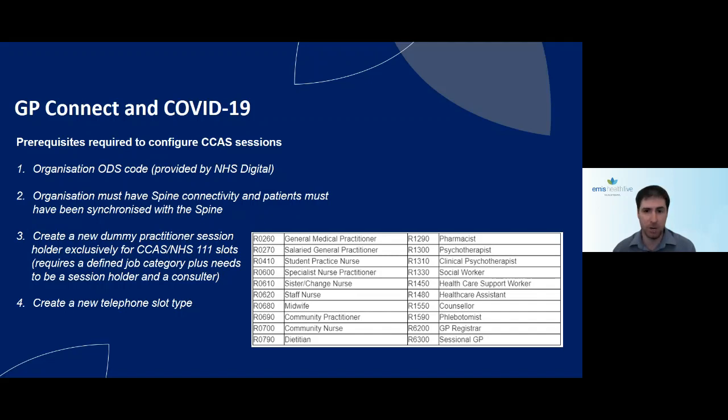And if you see on the right hand side of the screen there, those are the roles that are required for those sessions to be able to be booked in. They also need to be a session holder and a consultant. And finally, it's recommended that you maybe create a new telephone slot type, so it's easy to search for when you're searching through your appointment book.